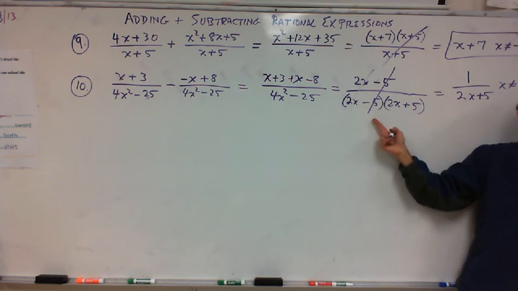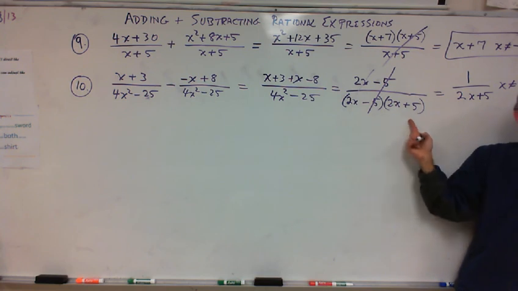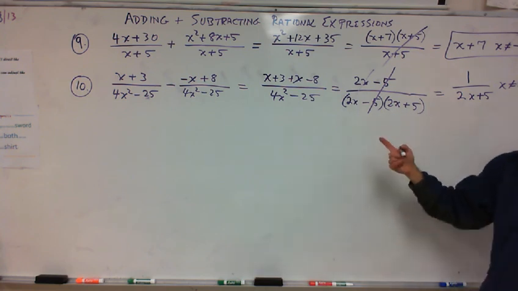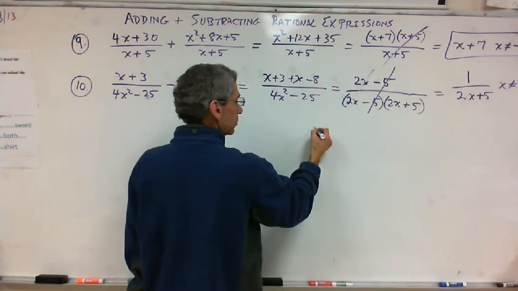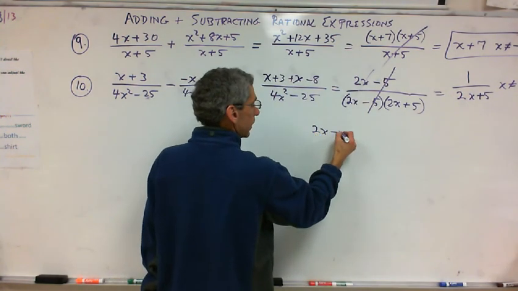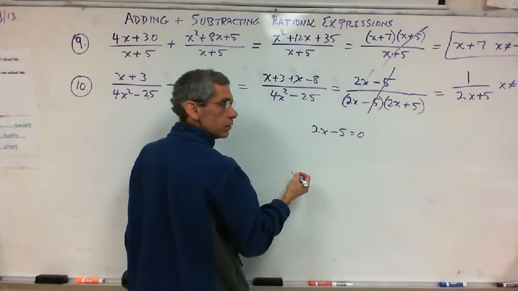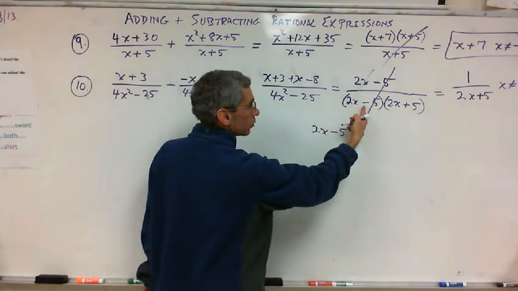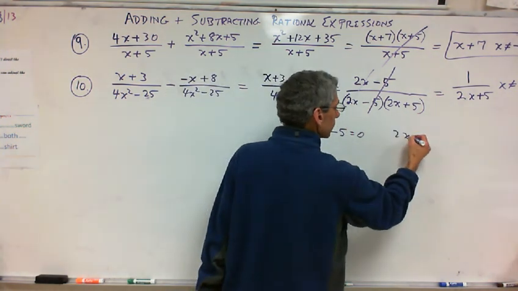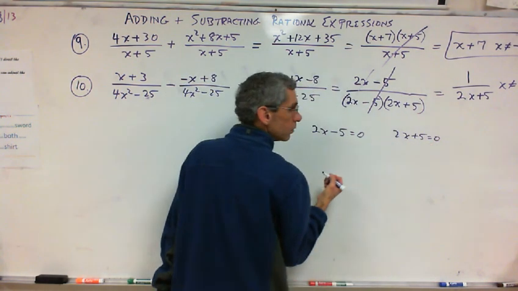Tiana, this is an example right here of how they're going to be a little different. So 2x minus 5, if that equals 0, I'm doing this one first, and then 2x plus 5 equals 0.